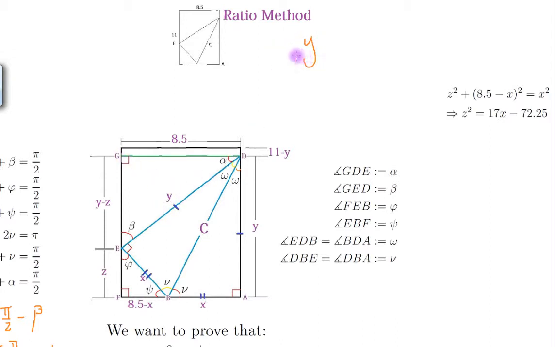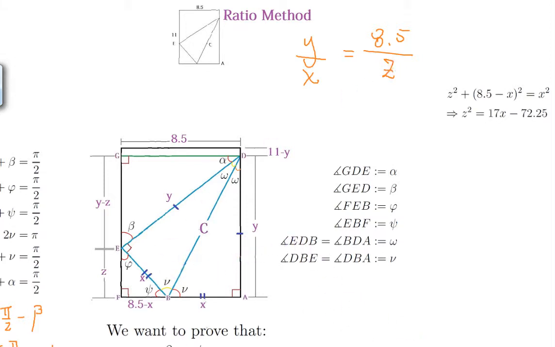So y is to what? Well, the 90 degrees of this one is x. Equal to what? Well, I'm going to use the 8.5. And the 8.5 is the side of which angle? Beta. But beta is equal to C. So y is to x as 8.5 is to z.